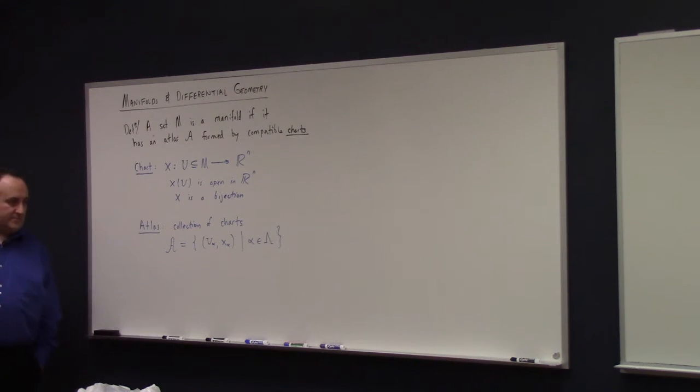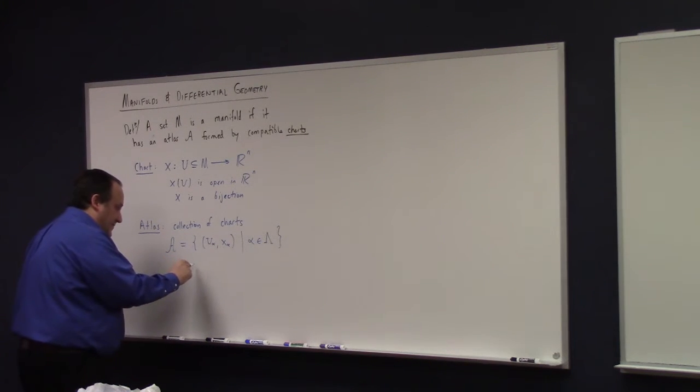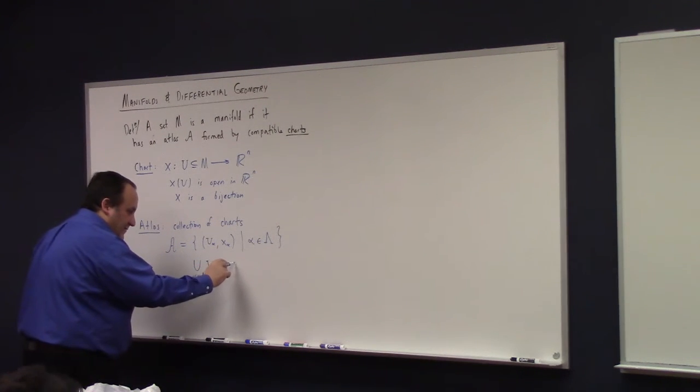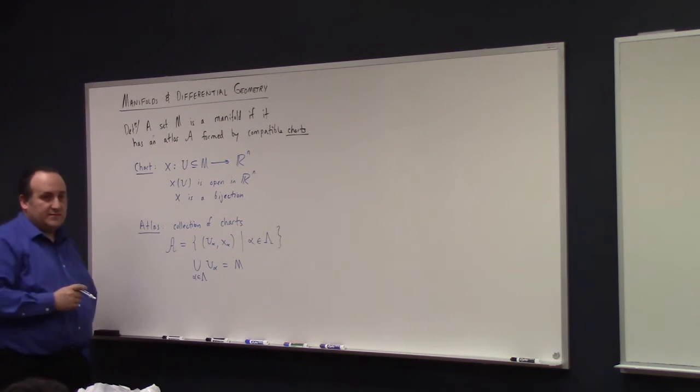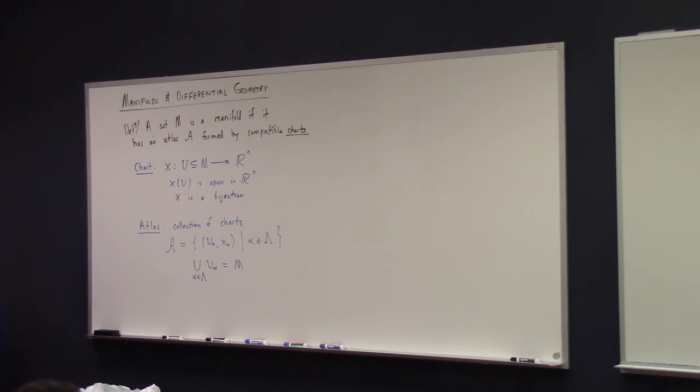So it's a collection of charts. And for it to be an atlas, there's some terms and conditions that have to apply here. One of them is that the union over all the chart domains has to give you M. It has to cover the manifold, right? First of all, the totality of the chart domains' union must cover the whole manifold. That's the first thing.